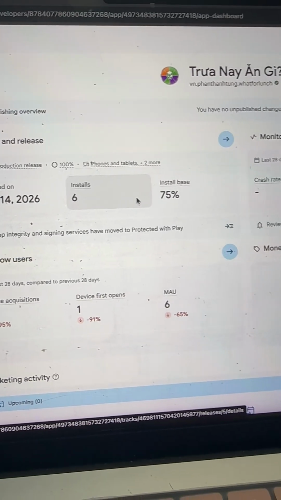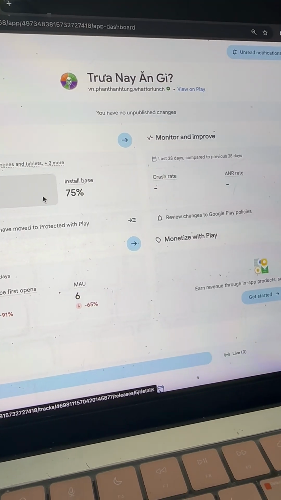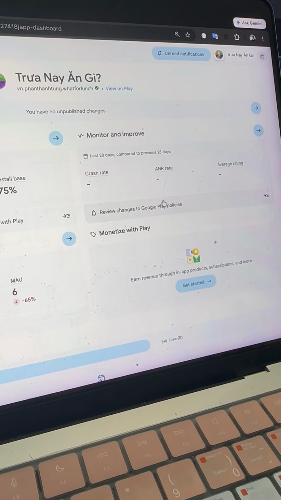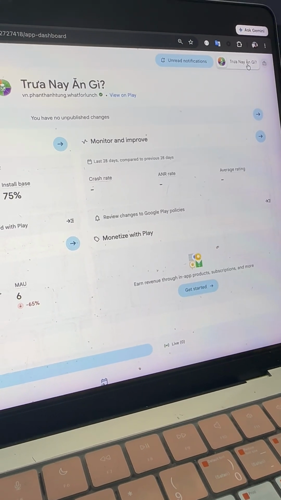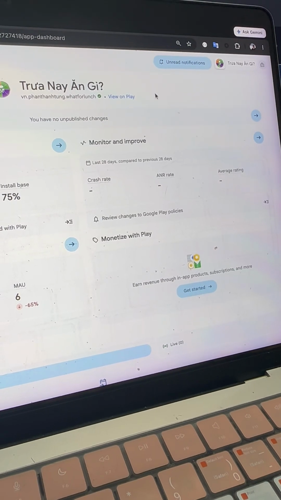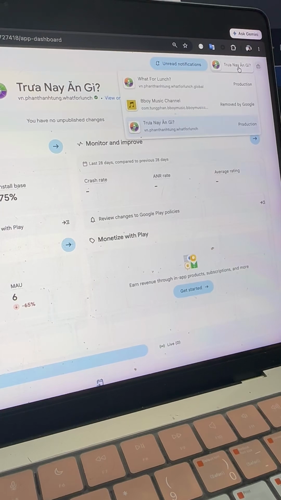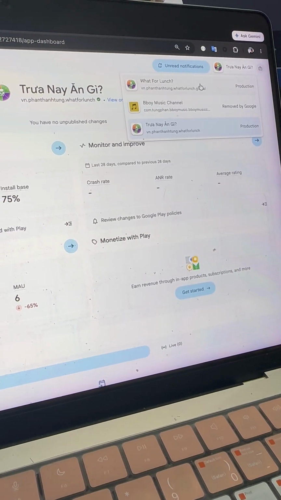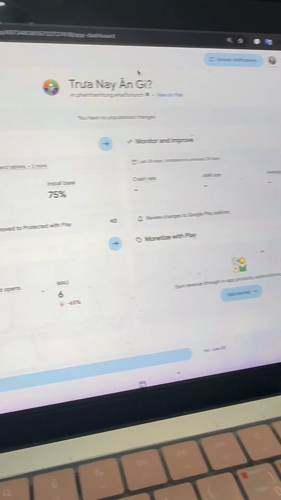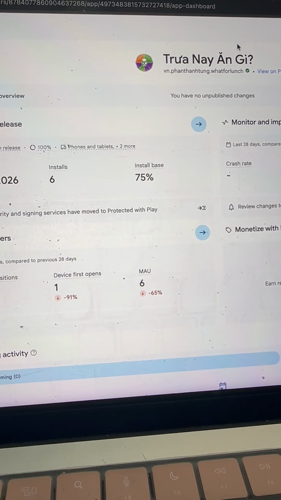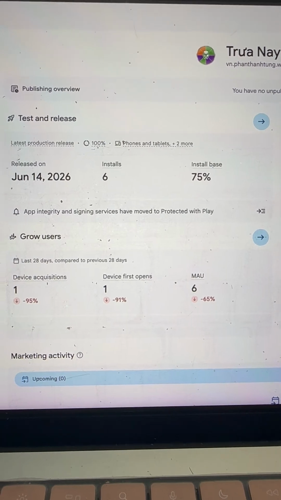As we already finished the application on Android, and I already explained to you guys the strategy of switching the application into two variations. The first one is the app Journey NZ, which targets the Vietnam market, and the second variation is What for Lunch, which targets the other 33 countries and supports 11 languages around the world.